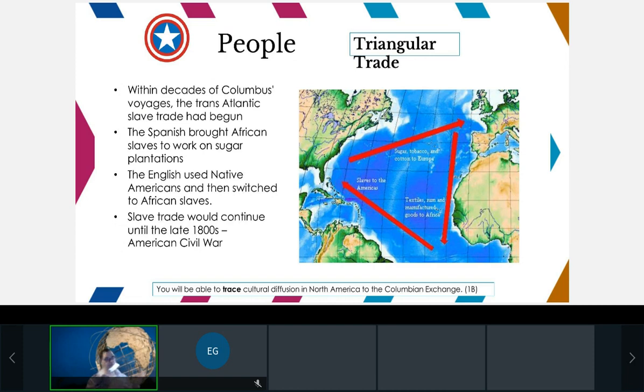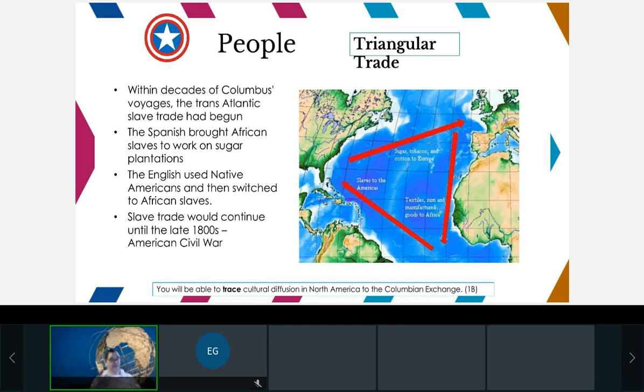Triangular trade, don't forget, deals with the trade of goods and exchanges across the Atlantic, from North America to Europe, from Europe to Africa, from Africa back to North America, particularly to the Caribbean. Sugar, tobacco, cotton and plantation goods are being moved from North America, particularly the South, to Europe.